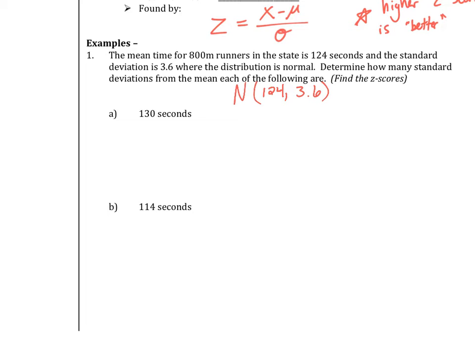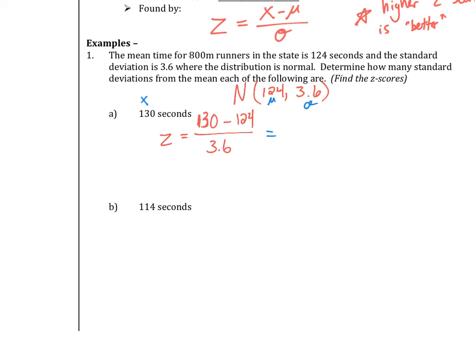So we want to find the z-score for 130. It'll be z equals 130, that's x, minus 124, that's mu, divided by 3.6, that's sigma.